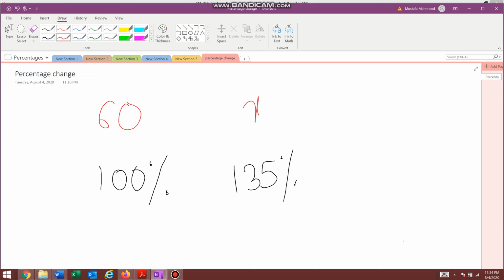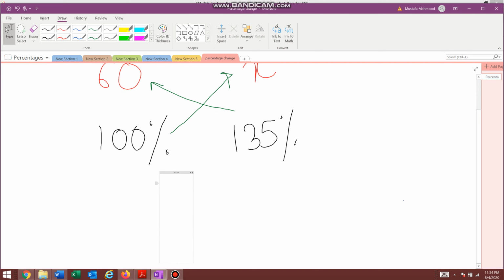Let's call it x, and we do cross multiplication, which gives us, now just hang in there, don't worry about कि cross multiplication कहाँ से आ गई. It's a method of writing an equation. ठीक है, आपने बोला 60 100% है, 135% x है.